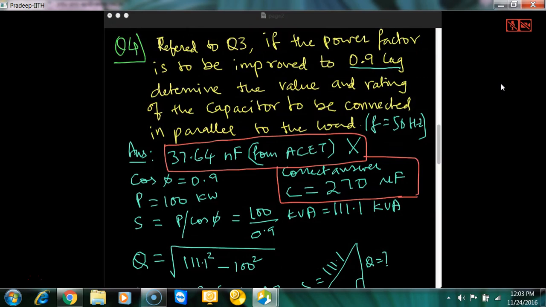Doubt from Aditya College of Engineering Technology: can't we solve QC equal to kilowatt into tan of phi 1 minus tan of phi 2?